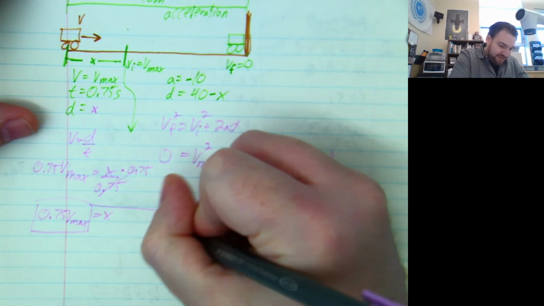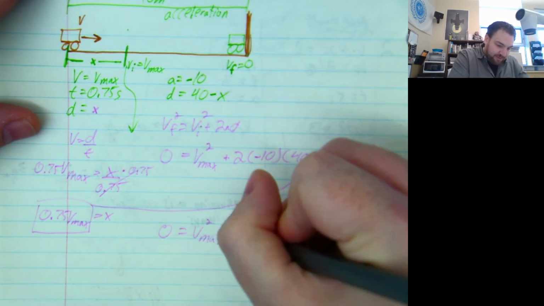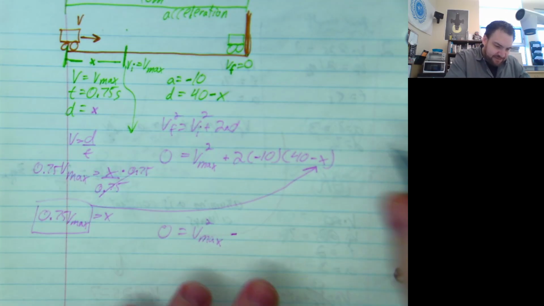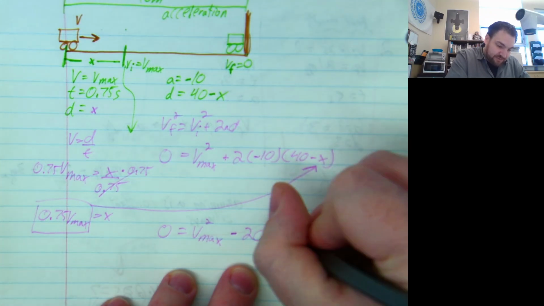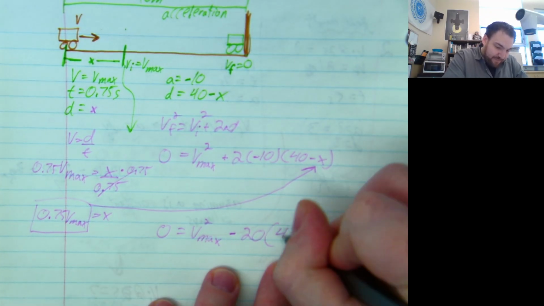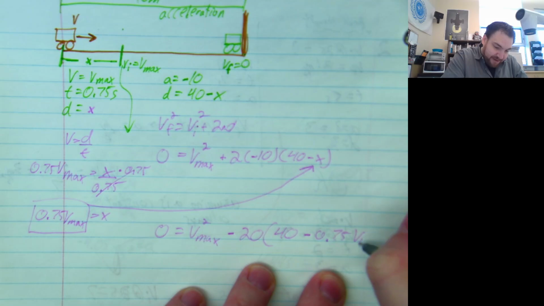So we're going to get a final velocity of 0 is going to equal Vmax squared minus 20, I'm multiplying the 2 and the negative 10 together, times 40 minus 0.75 Vmax.